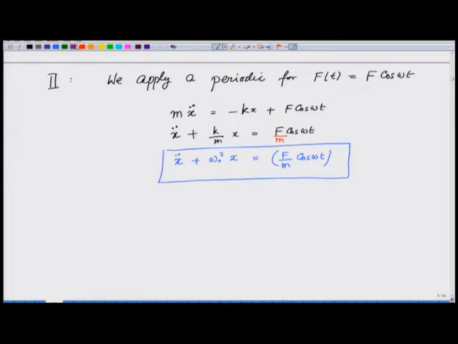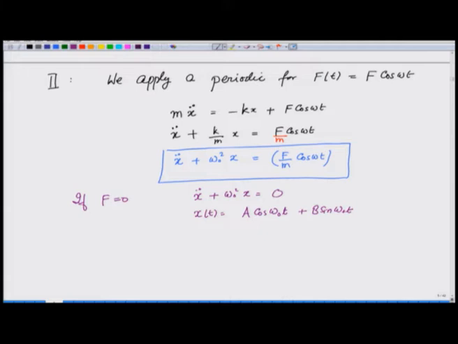So, if f is 0, then I have the equation x double dot plus omega 0 square x equals 0, and the solution x(t) is some constant a cosine of omega 0 t plus b sine of omega 0 t. a and b will be determined by initial conditions.